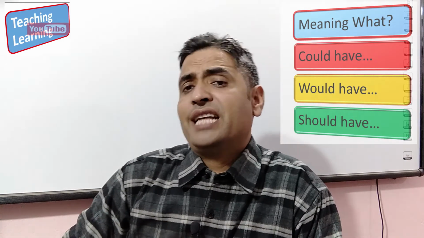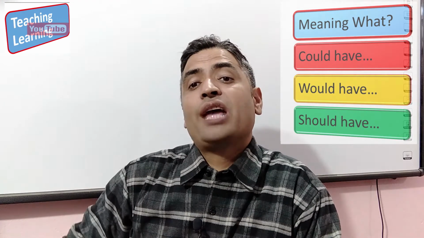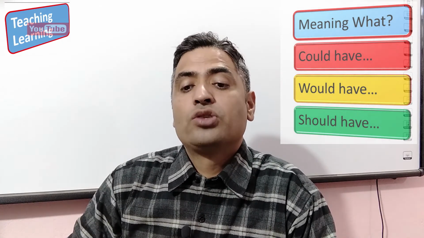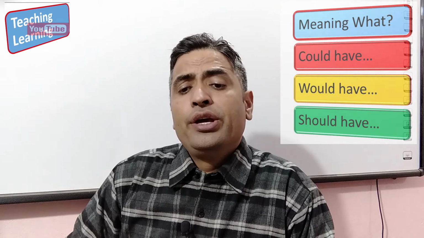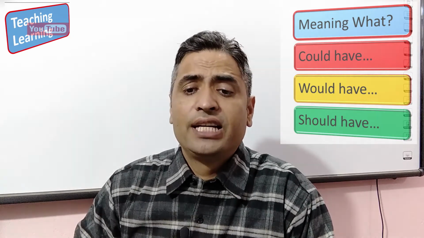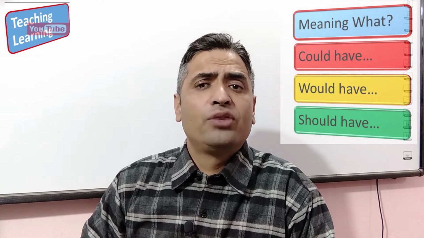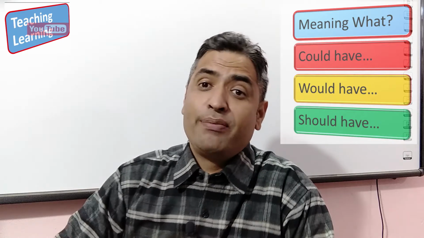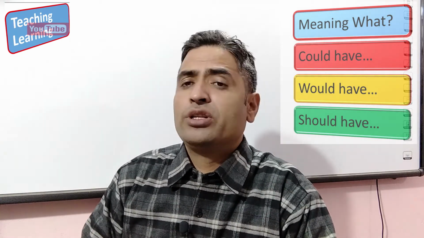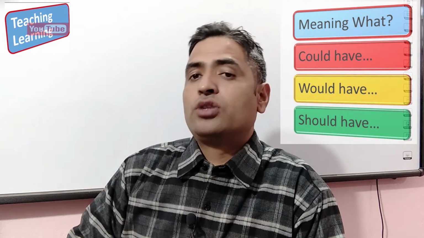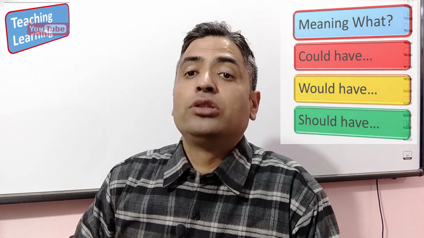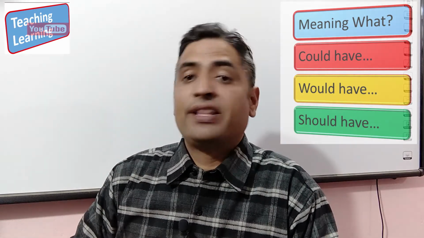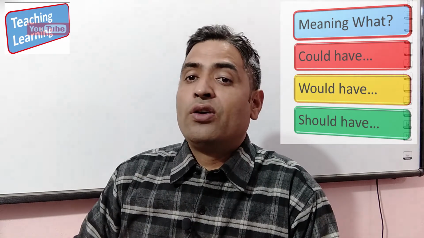And when we use this structure in questions, how can we ask about past possibility? Could you have studied medicine? The answer is I could have studied medicine, or I couldn't have studied medicine. When we ask questions here, we are asking to know whether there was a possibility for that event in the past, or there was no possibility.